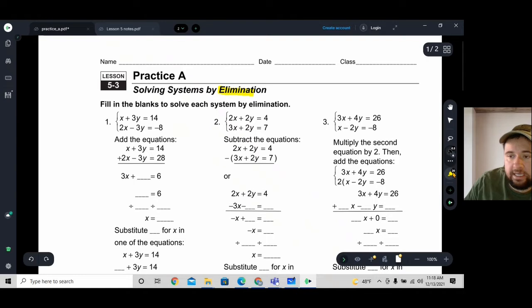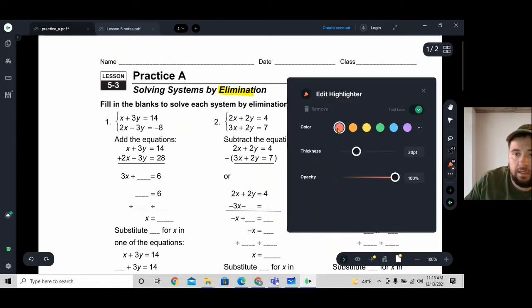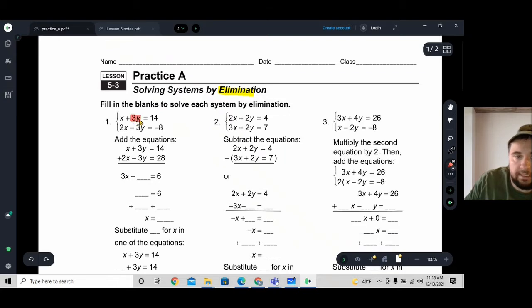And the first thing that I notice immediately is right here, positive 3y and negative 3y. And I notice them because I know that if I added those two things together, they would equal 0. And that's really important for me right now, because I'm going to add these two equations together because I want to eliminate one of the variables.